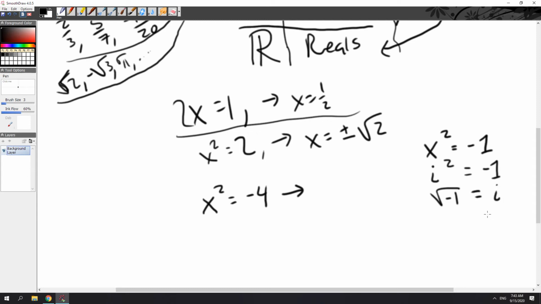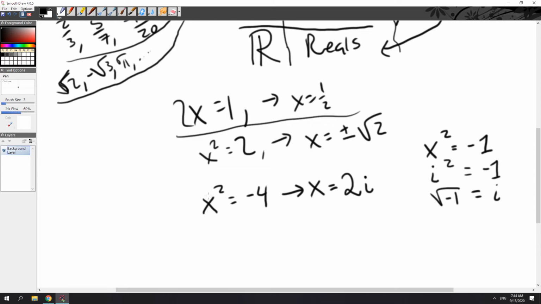Okay, so when we take the square root here of negative 4, we just want to get x by itself. Well, we know the square root of 4 is just 2. And we know the square root of negative 1 is i. So the square root of a negative number is the same as the square root of the positive number, we just have to put an i out there too.